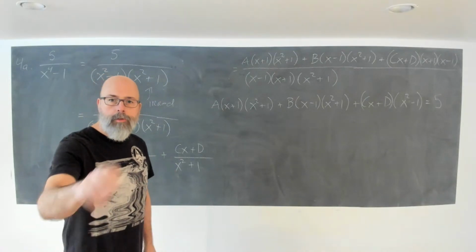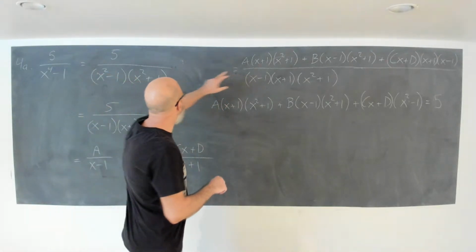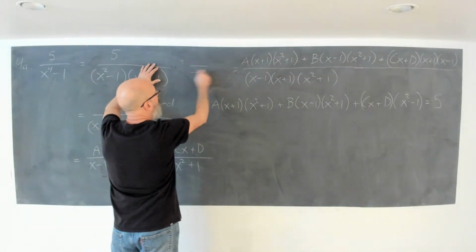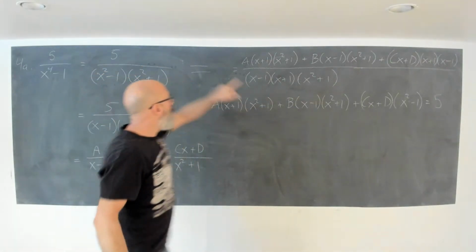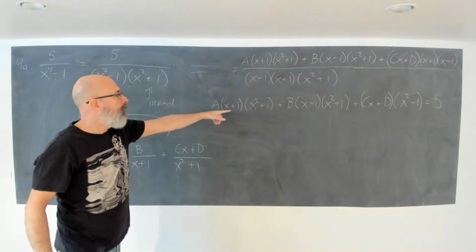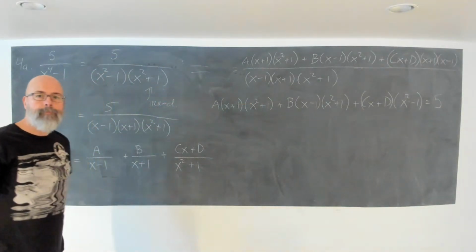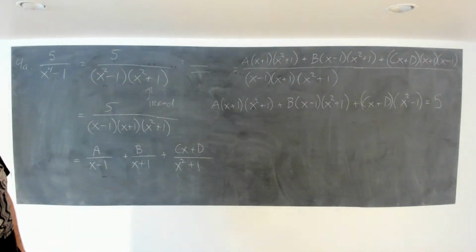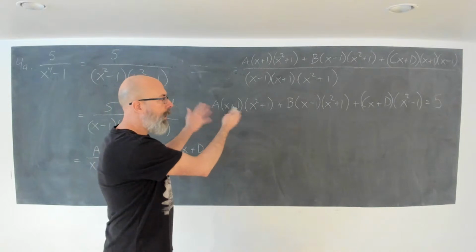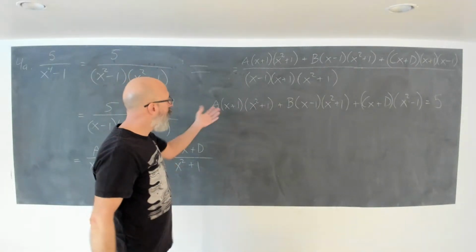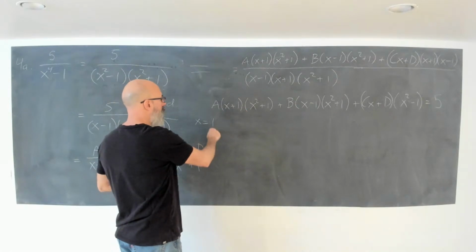Rima doesn't see how we got the 5 on the other side. We're equating the numerators, right? This is equal to that. The denominators are the same, so the numerators have to be the same. Numerator was 5 here. There it is. So instead of multiplying and grouping the powers of x, we could choose good values of x.